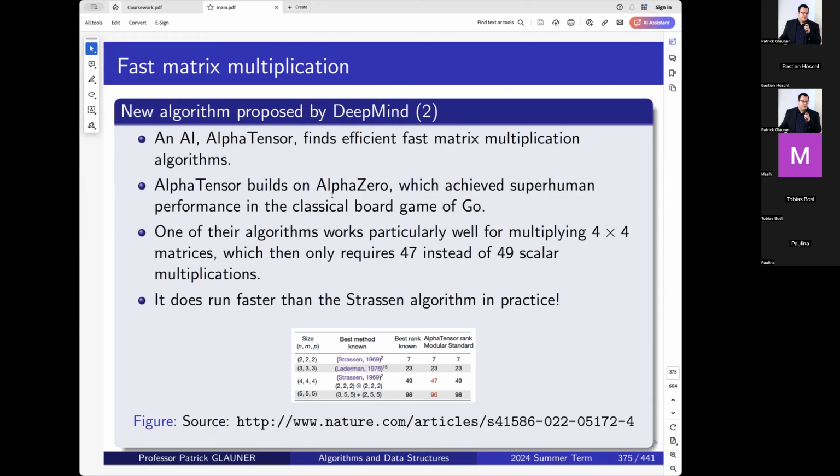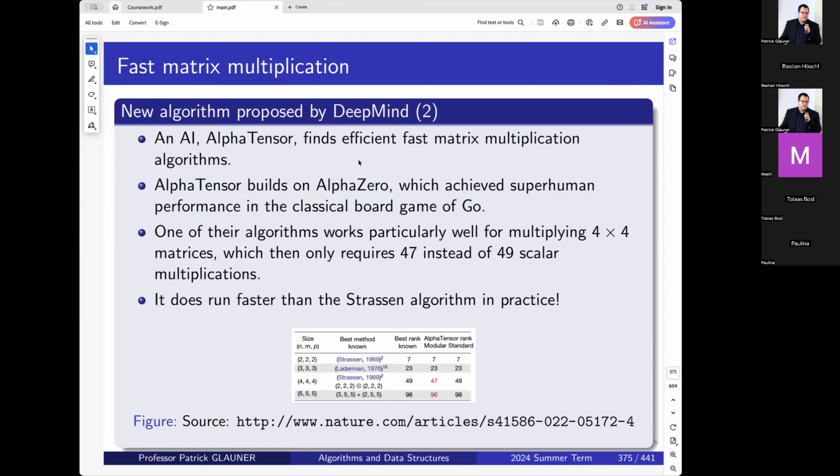The first DeepMind AI that beat the best human players on Go was called AlphaGo, and AlphaZero was the next one, an extension or an improved version. And that AI that was used to play the game of Go, it actually turned out it can be reused for many other things, or this approach. It can be used to improve a Google search, but it can also be used for AlphaTensor.